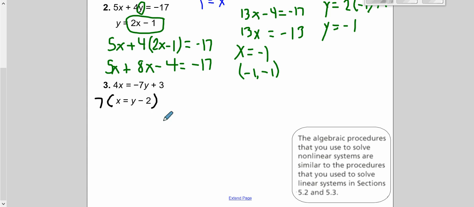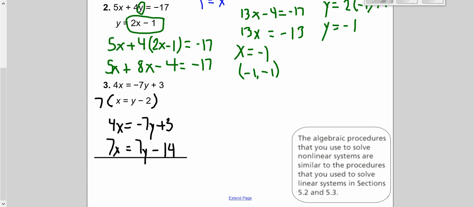So I'm going to leave the first equation alone, but multiply the second equation by 7, all of it. And we can stack them up, add them up.